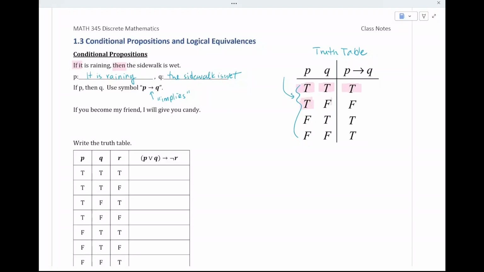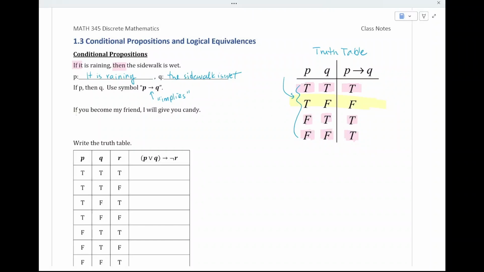If P is true and Q is false, if it is raining and the sidewalk is not wet, that is false. If P is false, then it doesn't really matter what Q is, because our original statement isn't violated. So we have true values here as well. So the only way P implies Q is false is when P is true and Q is false.